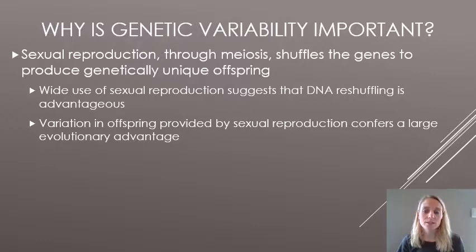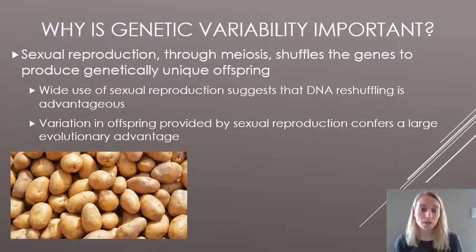All right, so why is this important? So I kind of answered that question. This DNA reshuffling is advantageous evolutionarily because it offers the ability for nature to select the traits that are best suited for that environment. So you have some examples here, some plant examples.